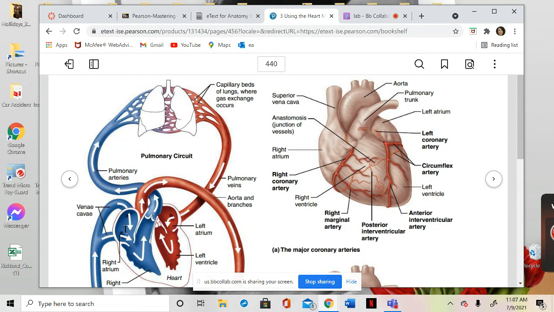From the right atrium, the blood flows via the tricuspid, which is the valve, to the right ventricle. From the right ventricle, the blood flows through the pulmonary valve into the pulmonary trunk.